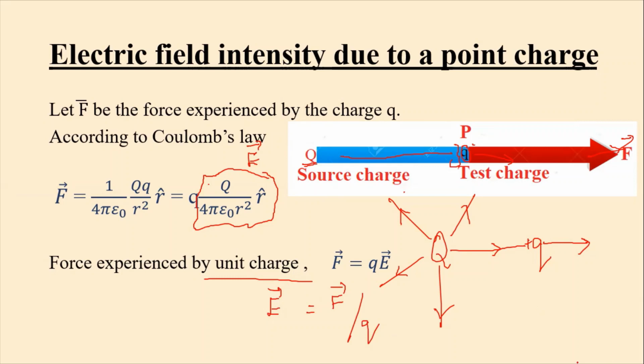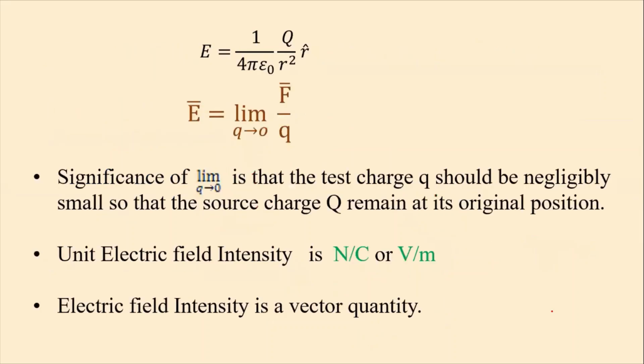Now I have already told you the value of q should be extremely small such that it does not impact the source charge. So now we have written E is equal to F by q, and a new term is added, limit q tends to 0. That is, the test charge q should be negligibly small such that it does not disturb the source charge.